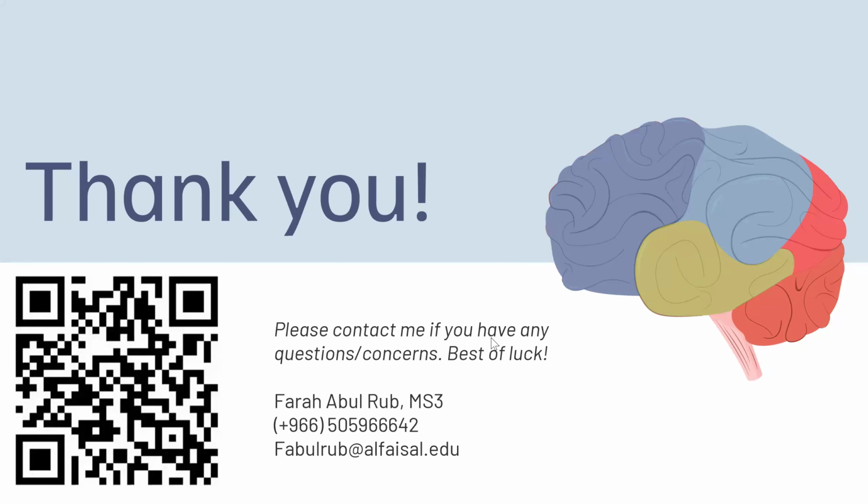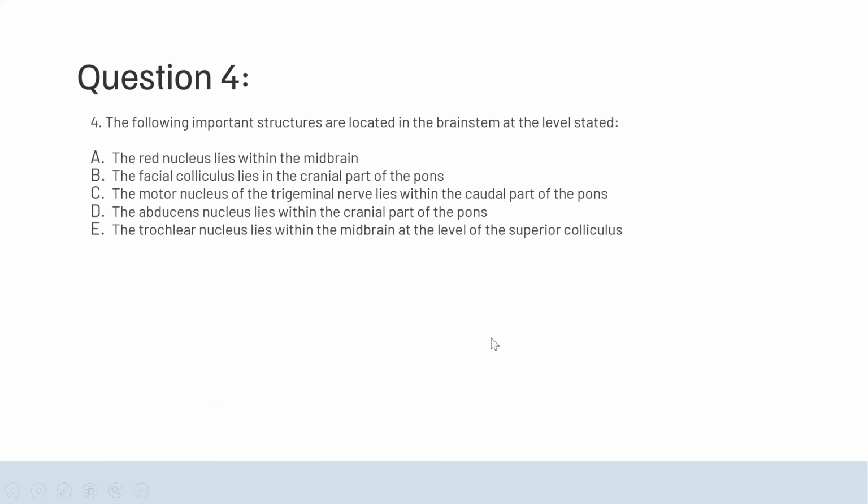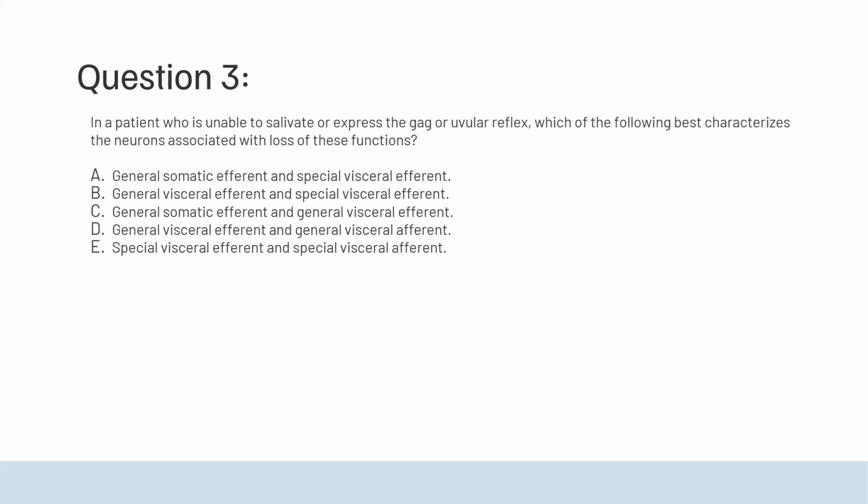So someone just asked me to repeat question 3. Okay. So this is an issue, generally speaking, when I'm talking about the general somatic, general visceral. So the nucleus ambiguus, which is a component of cranial nerve number 9, is classified as a special visceral efferent fiber because it innervates the skeletal muscles and it is derived from a visceral pharyngeal arch.